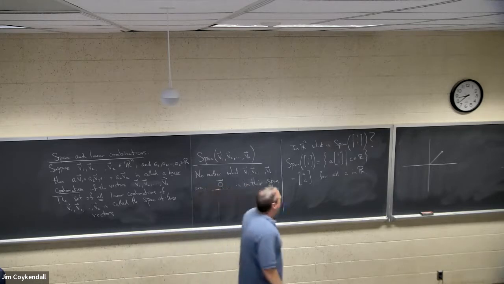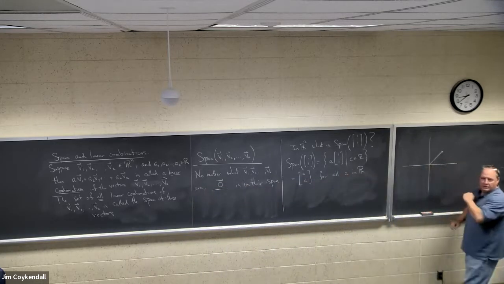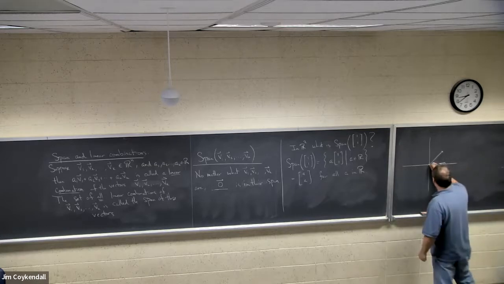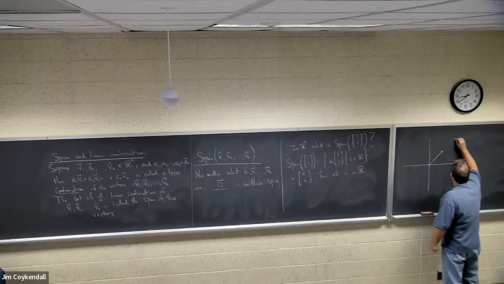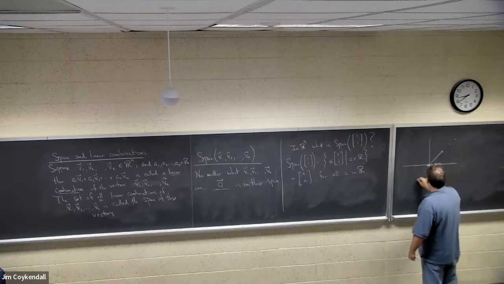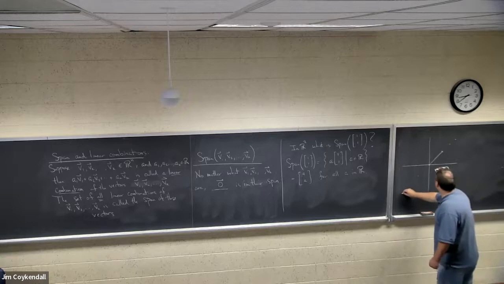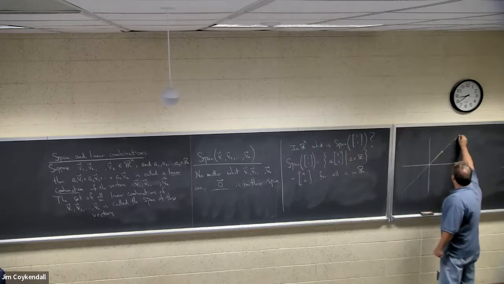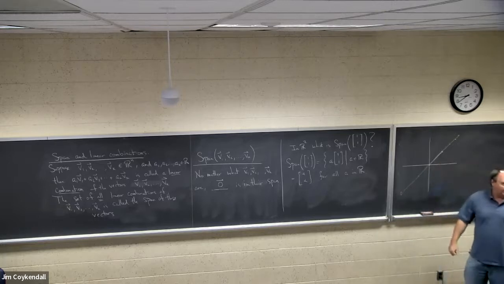So it's got 1 times this vector, so there it is. It's got 0 times this vector, so there it is. It's got twice this vector. It's got 3 halves of this vector. It's got -1 of this vector. What happens when I fill in all possibilities? It's a line. The span of this vector is actually the line y equals x.